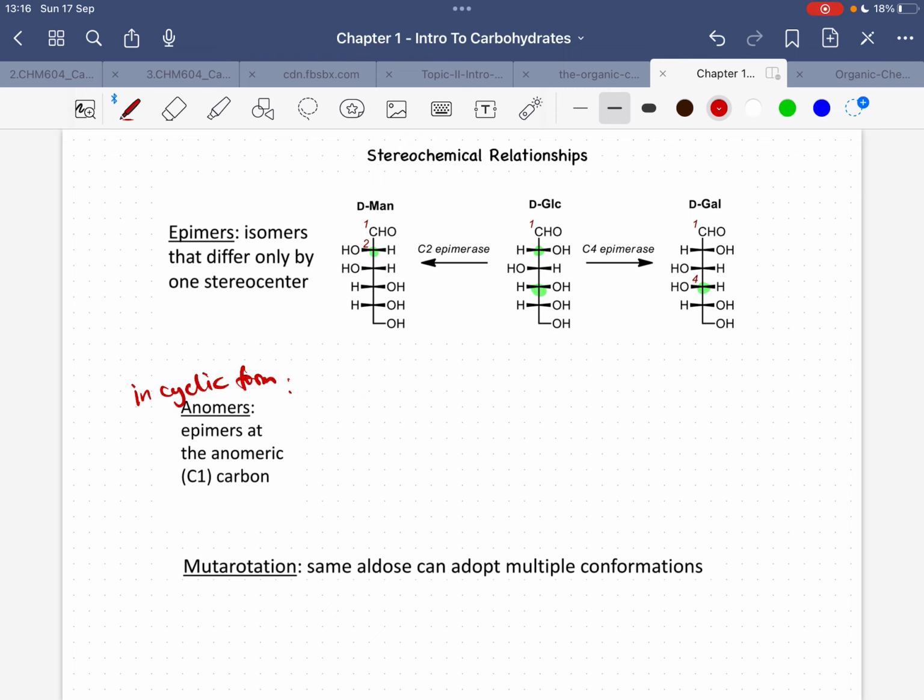Easy to identify in cyclic form, okay? So suppose you have here a hypothetical sugar ring, in chair conformation.